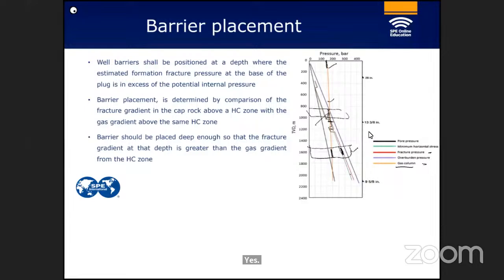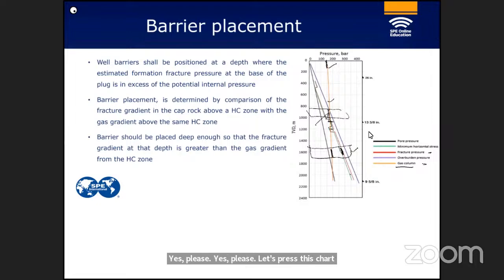The surface pressure as per this chart is about 150 bar. Any confusion here? Yes, 150 bar, as per this chart. According to the mud weight or what value?